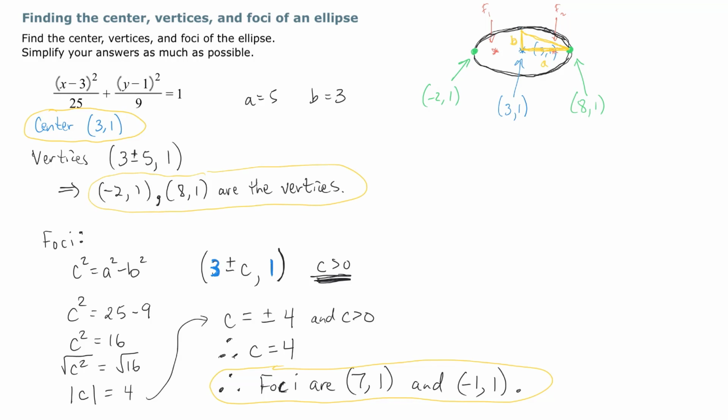Now, key work that needs to be shown. If you're solving c squared equals 16, most people will show their work like this, and I'm going to be looking for this work. That's going to be crucial.